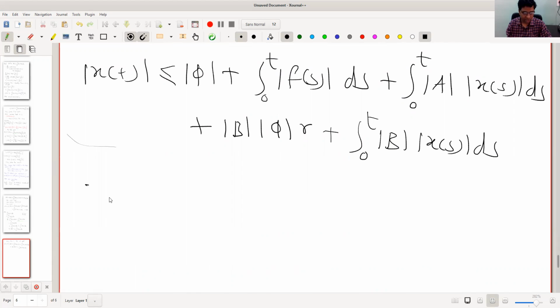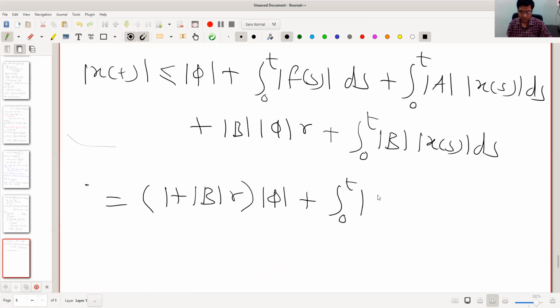We can write the right hand side as, okay, norm phi is common, so 1 plus mod B into r multiplied by norm phi plus integral from 0 to t mod f of s ds.